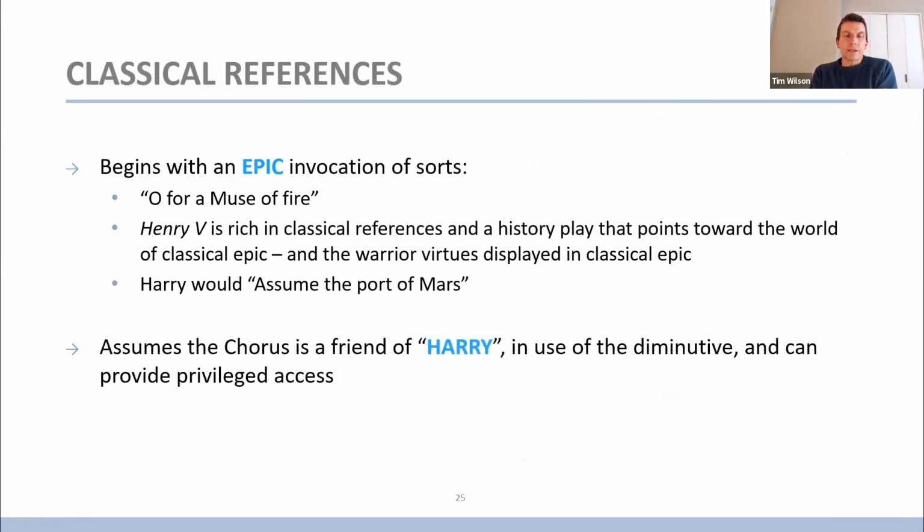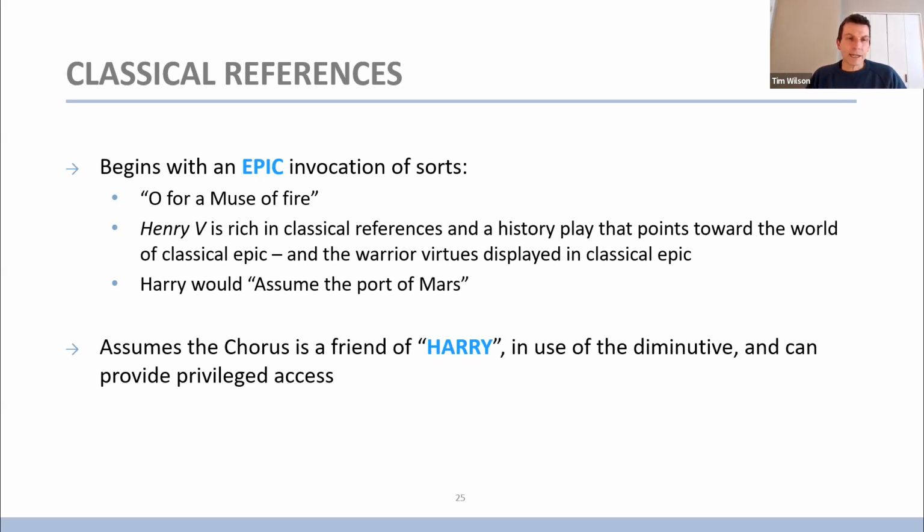So this beginning chorus begins with an epic invocation of sorts. So he says, "Oh, for a muse of fire." So there's a lot of classical references in the play, and right off the bat, it has almost a Homeric tone to it, and it points to the world of classical epic also, as we'll see, in terms of the warrior virtues that Henry wants to instill in his troops.